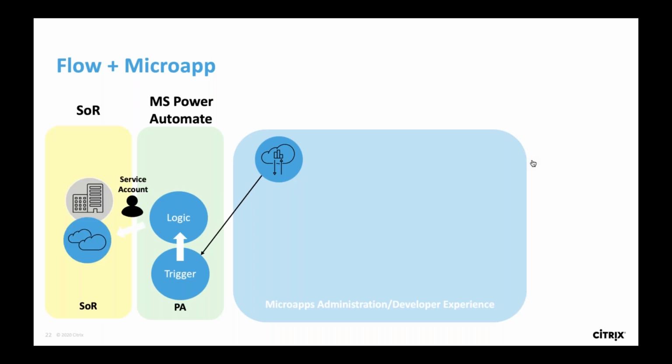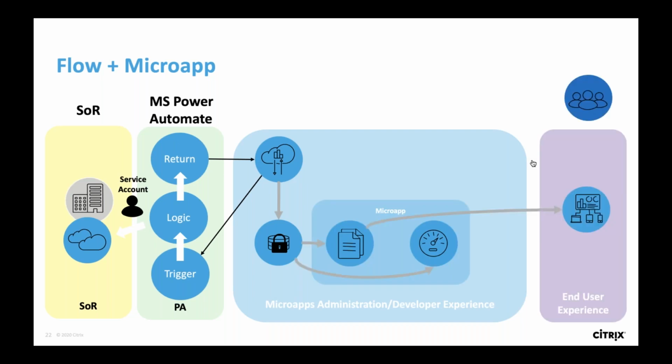Microsoft Power Automate then starts making API calls to this system of record and starts pulling out the data that you need and doing the logic that you want. Once that's complete, it takes this data and returns it back to the integration. From that point, we follow the same flow as before. We take that data, we put it in the cache, we generate our microapps, and then we push that data to our end users.